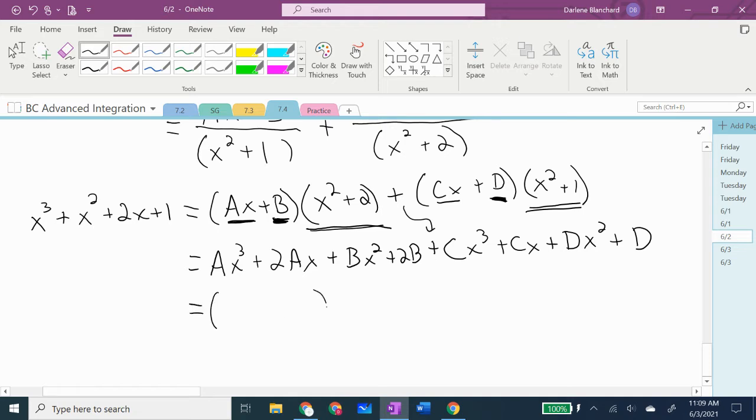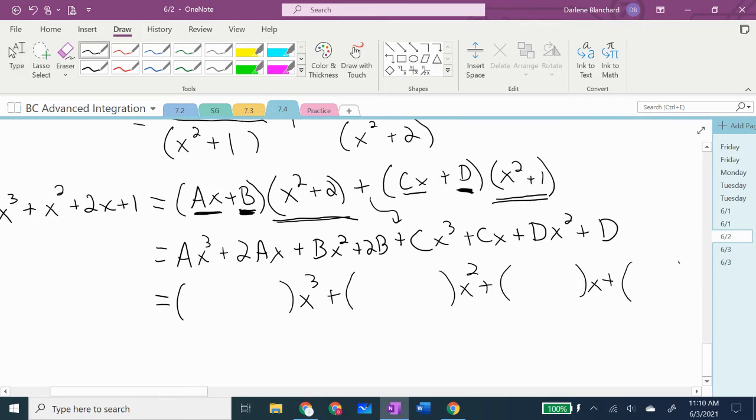I need to figure out what is my coefficient for x cubed, what is my coefficient for x squared, what is my coefficient for x, and what is my constant for this right polynomial. For x cubed, I have ax cubed plus cx cubed. So a plus c is the coefficient for x cubed. For x squared, I have bx squared plus dx squared.